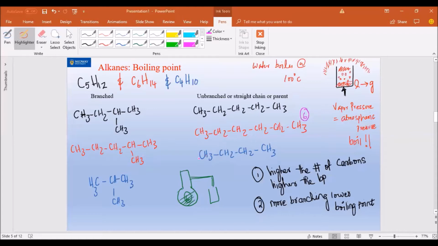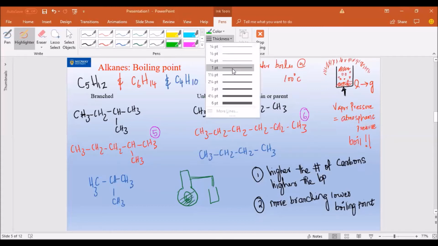And this would be next in line to it because it would still be higher than the 4 and the 5 carbons, but it would be lower than this one because it's got branching, so it's a lower boiling point. Let's pick a green, and we'll change the thickness as well.